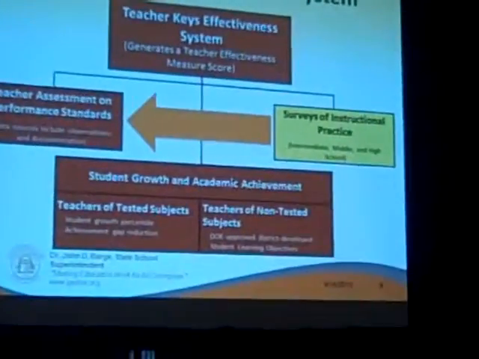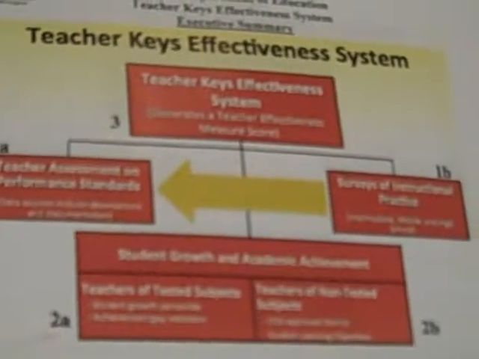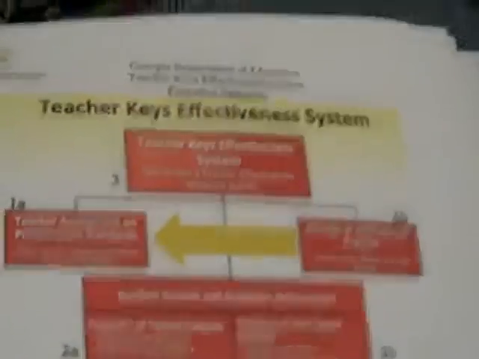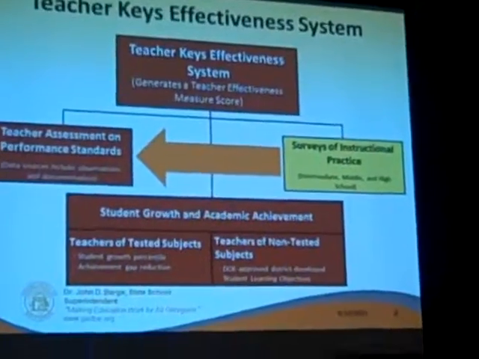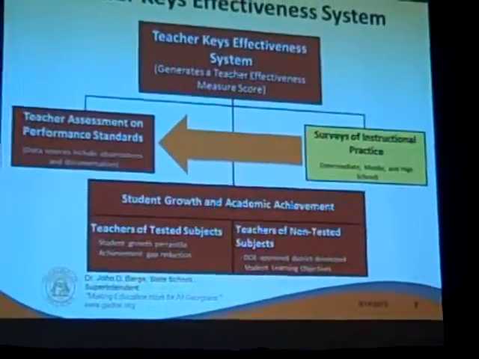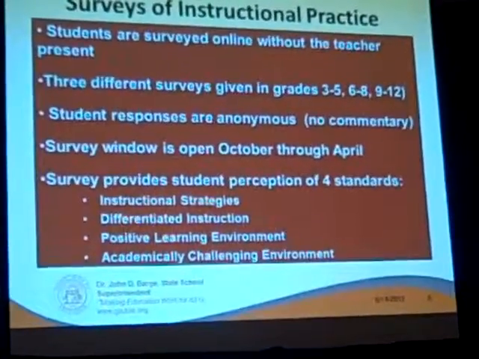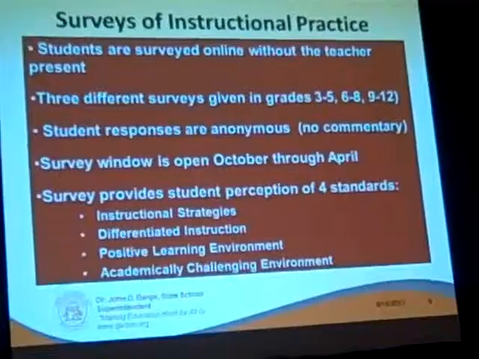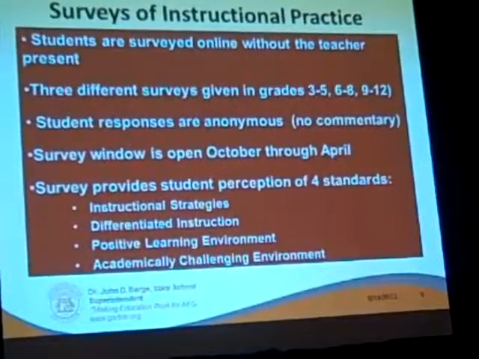Surveys of instructional practice occur in the intermediate grades, which is 3rd, 4th, and 5th, the middle grades, which is 6th, 7th, and 8th, and then high school, which is 9th through 12th. Now, surveys of instructional practice are online, and they are without the teacher being present. They are anonymous.